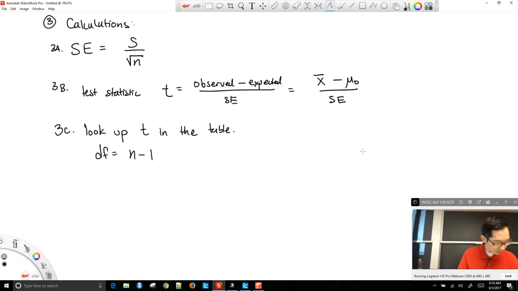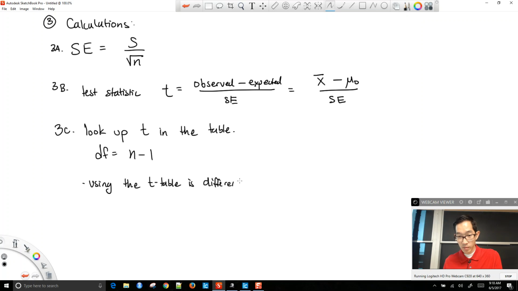Now the use of the T table is very different from using the Z table. So I'll just write that. Using the T table is different from using the Z table. Very rarely will you get an exact value; you will almost always get a range of values.